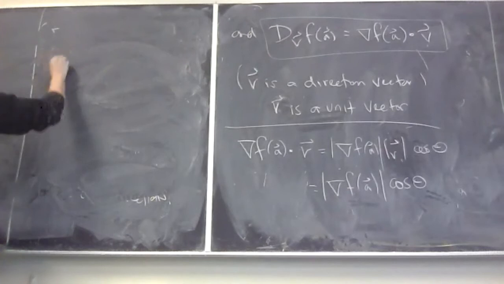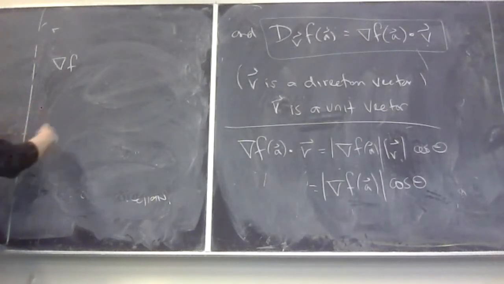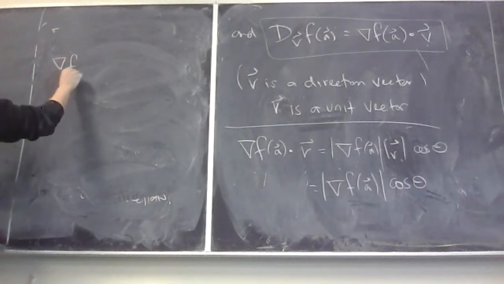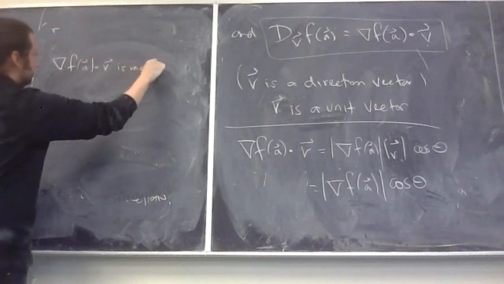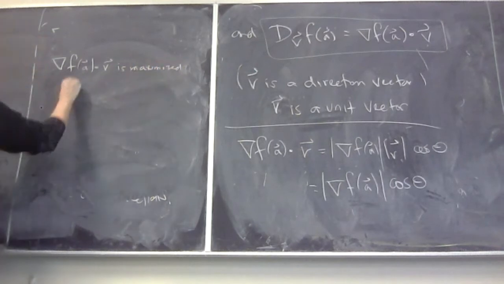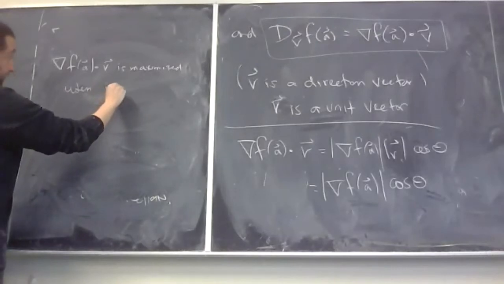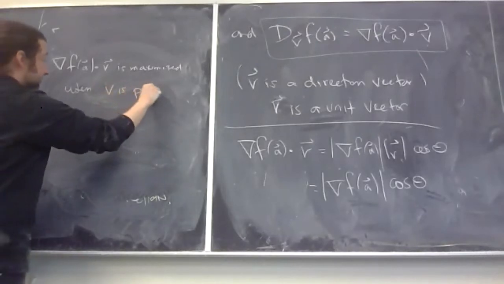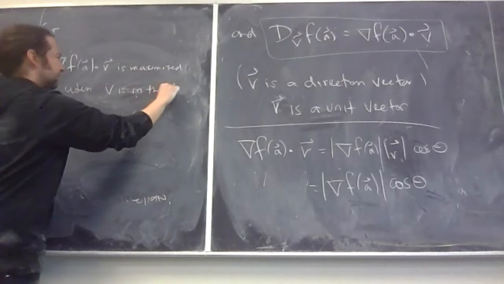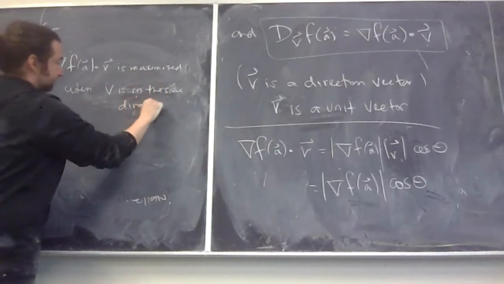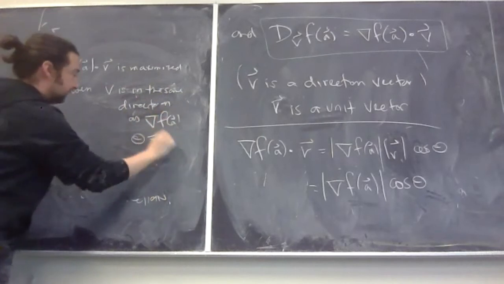So, nabla f at A dotted with v is maximized when v is in the same direction as the gradient of f at A, which is basically saying theta is equal to 0.